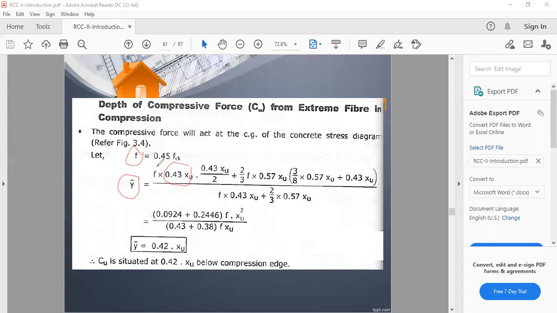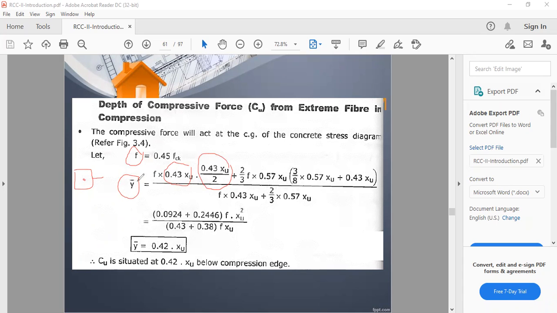This is nothing but the area of the rectangle, and then 0.43 XU by 2. This is for the rectangle, where the CG is there. If you consider this rectangle, you have this CG, and whatever the depth is, you will get the depth, that is 0.43 XU by 2.